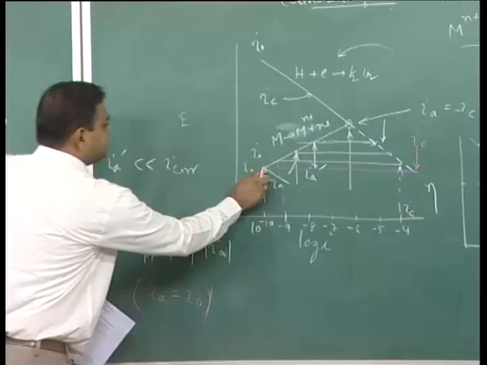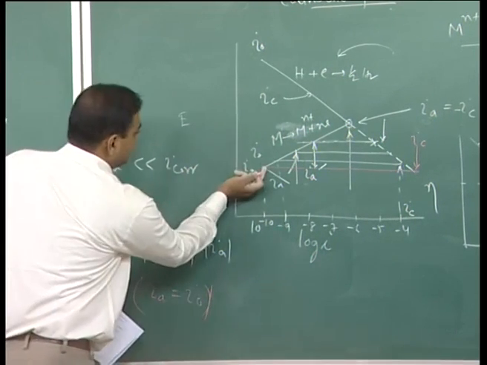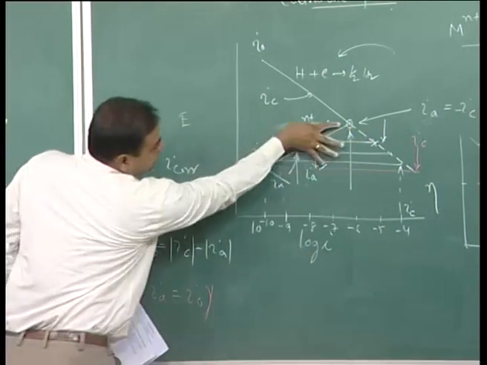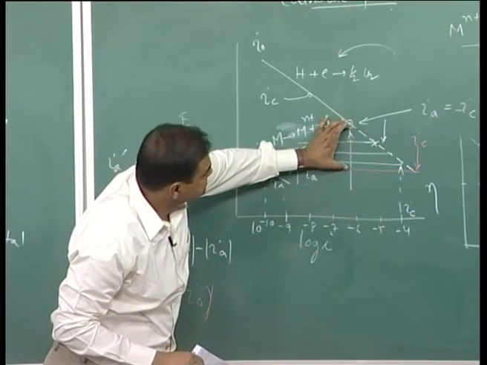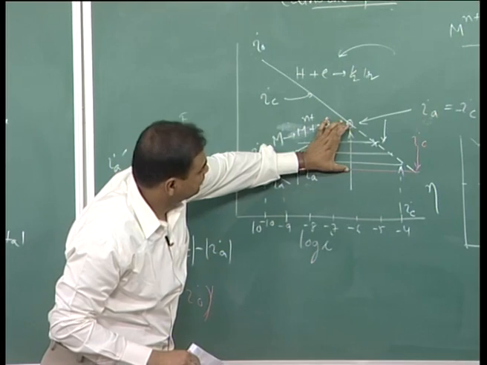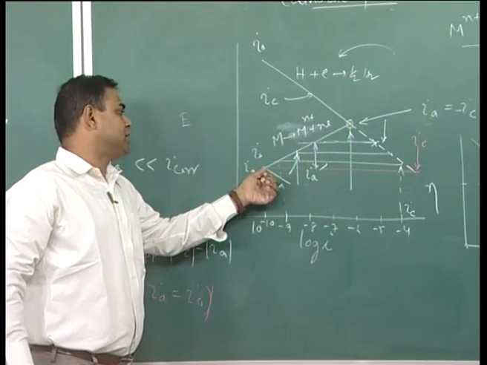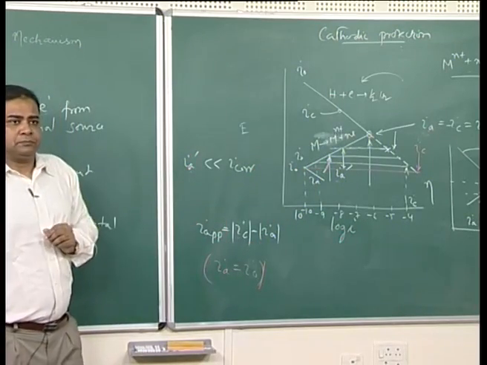So, if I can reach here, I will get complete protection. If I can reach this level of cathodic polarization, I can take the anodic current density to this I_0 level, and I will get complete protection.